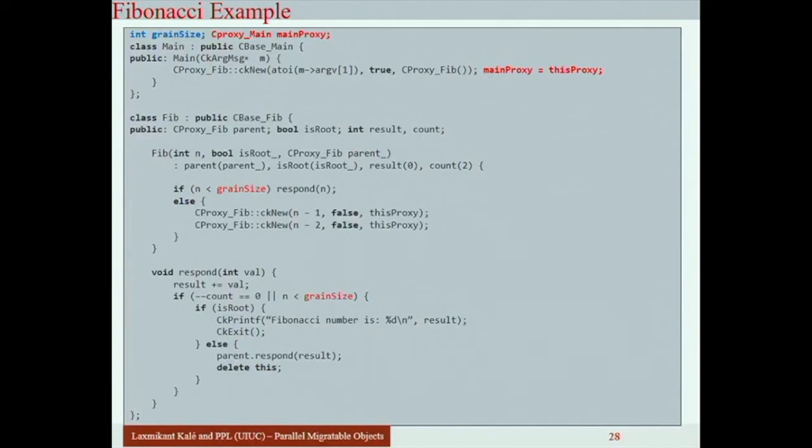If you have mainproxy as a global value, do you still need isRoot? How are you going to find out that you are the one who needs to send it to the main char? You can check whether this proxy equals... But no, because main doesn't know about any logic of Fibonacci, right?